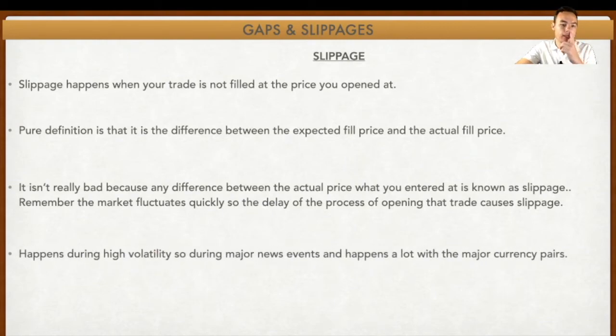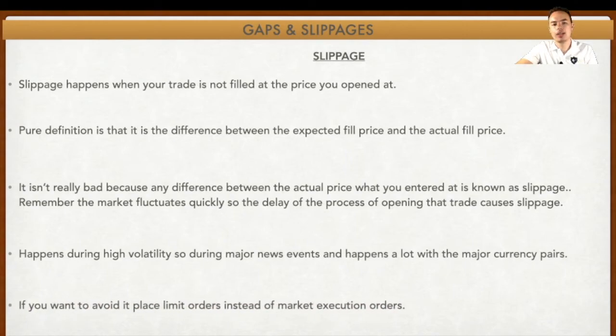Generally happens during high volatility, so during major news events, just like gaps. And then if you want to avoid it, place limit orders instead of market executions, because with limit orders or pending orders, you will get filled at that exact price.